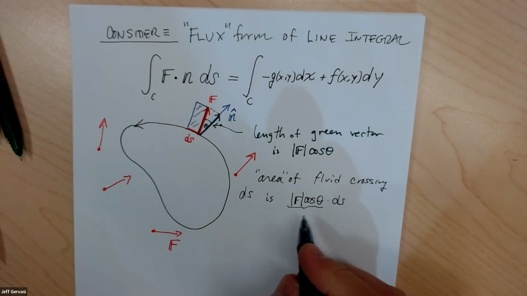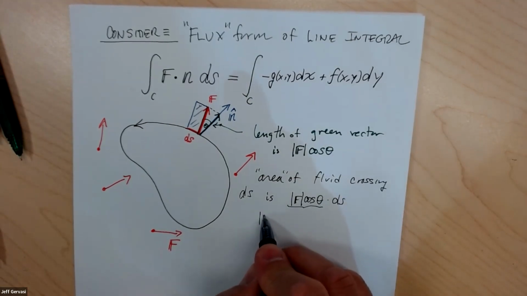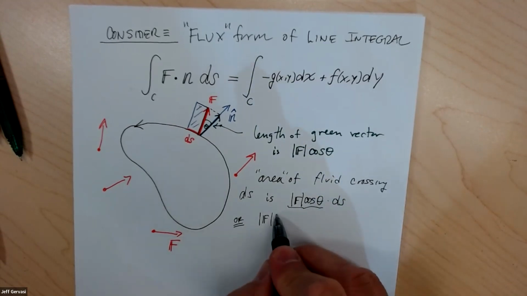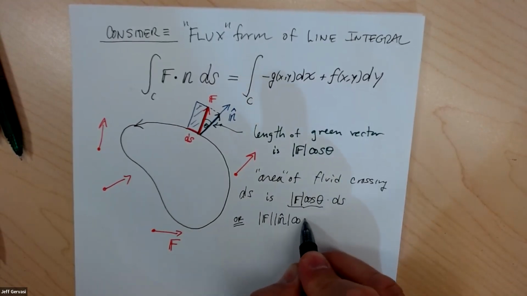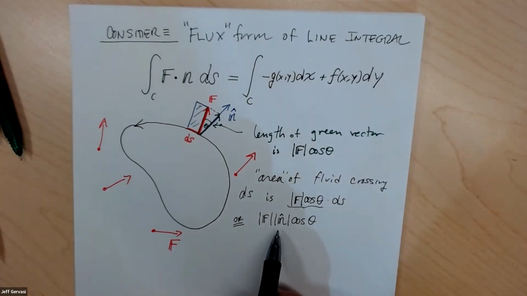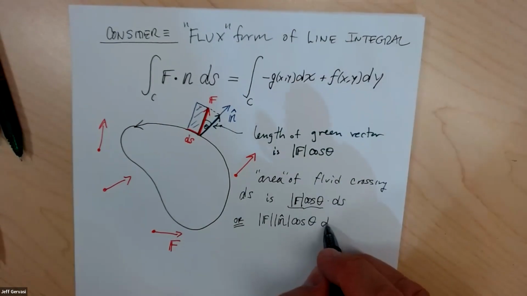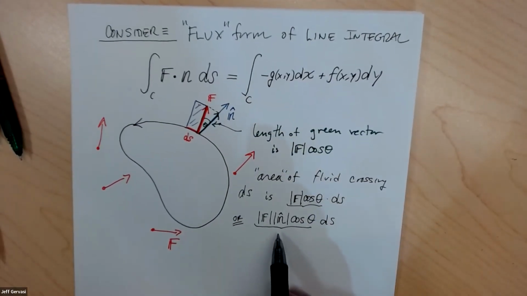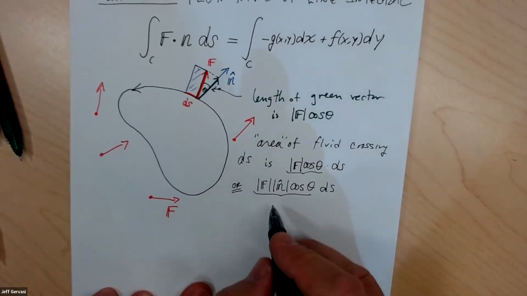I'm going to multiply this by a clever expression of 1. What do you think of my clever expression of 1? The magnitude of the unit vector is 1, so I haven't changed anything other than the appearance. But we also know from our previous work that that is the very definition of the dot product.